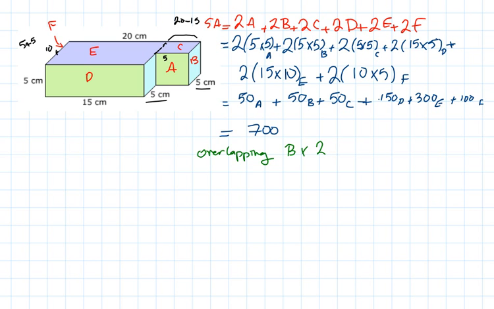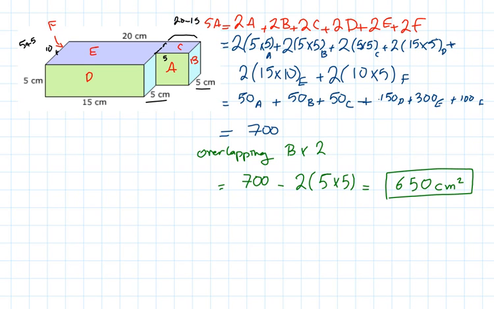So you take away 2 B's. So we're going to say 700 minus 2 times B, which is 5 by 5, which is 50, so 650 centimeters squared is your final answer. Okay.